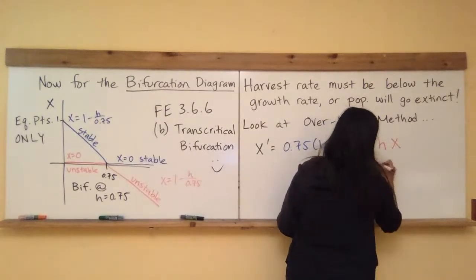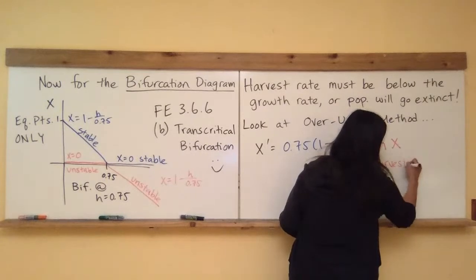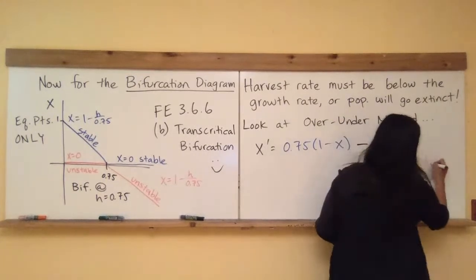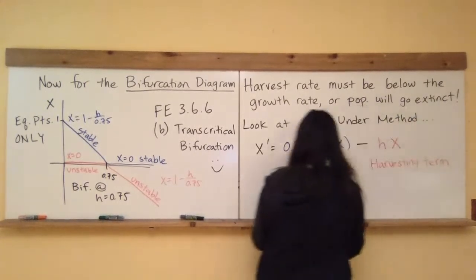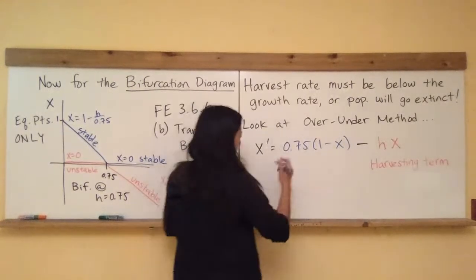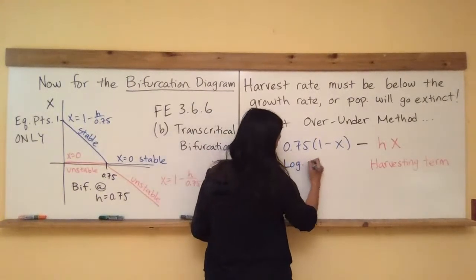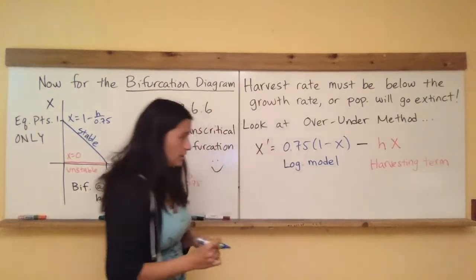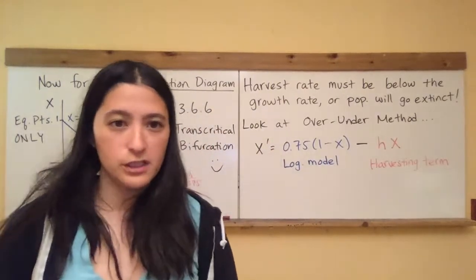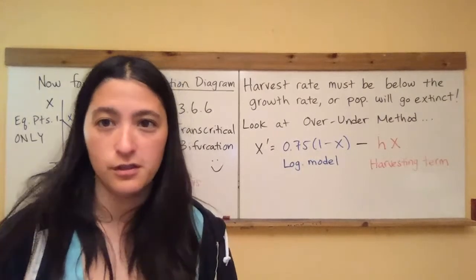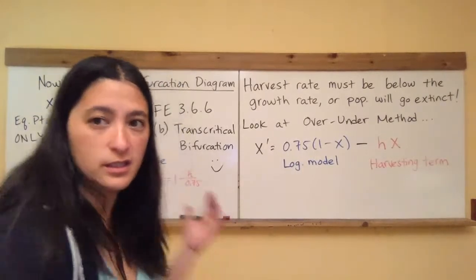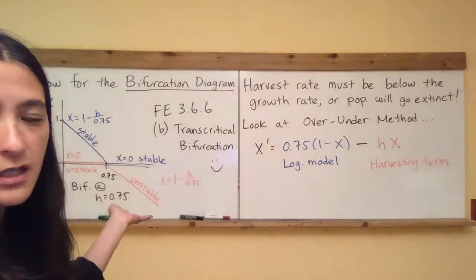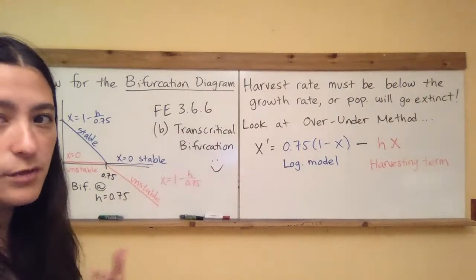Okay, so harvesting term right here, and we're going to have our logistic growth term, logistic model. Now we're just going to go over the over-under method a little bit, and I'll show you how you can get the same result that we just got here in this bifurcation diagram, but using that method.